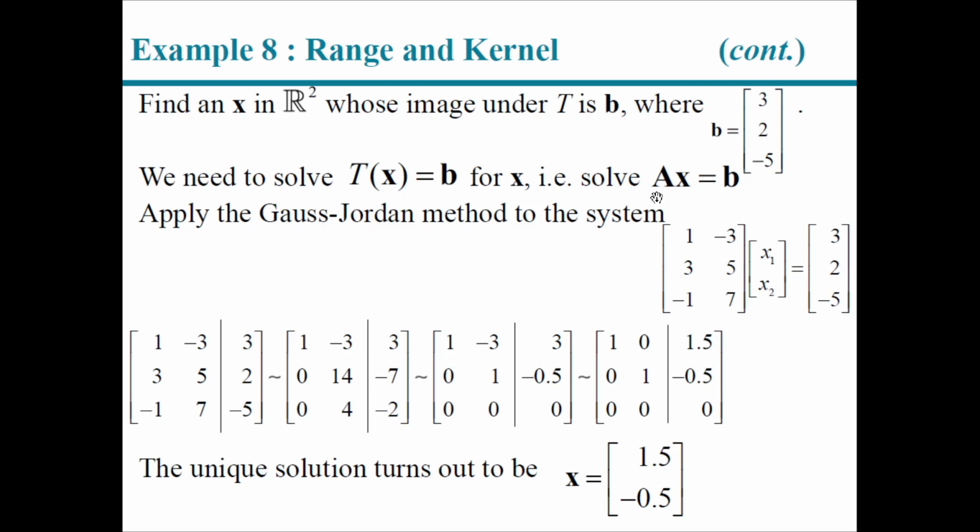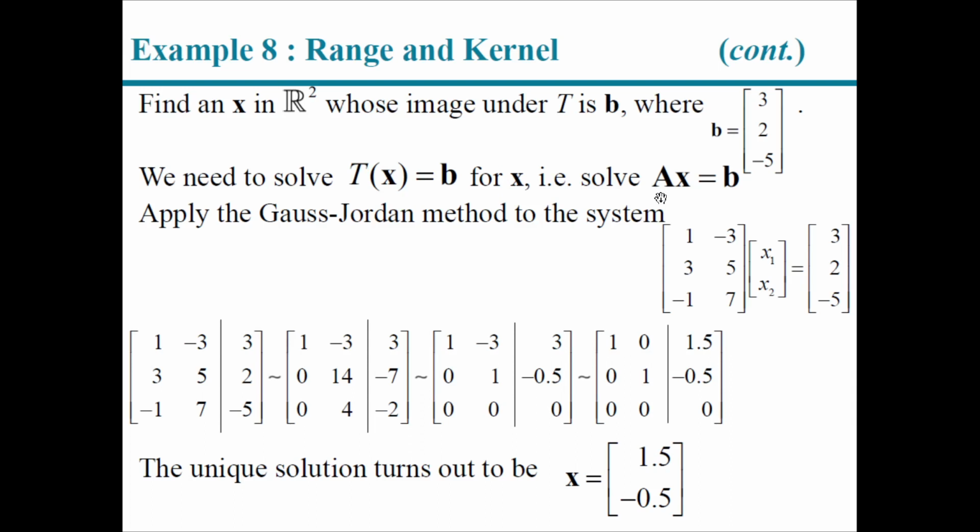So we need to solve the linear system Ax = B. I use Gauss-Jordan to solve it, and we find a unique solution, 1.5 and -0.5.